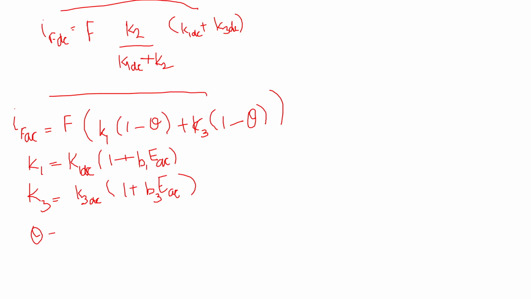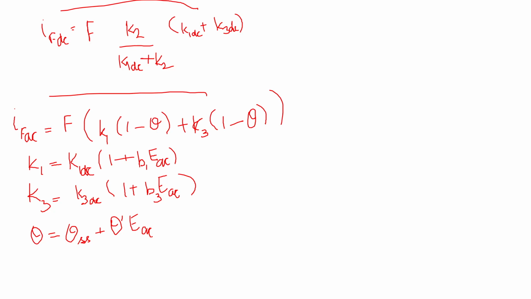Theta also we had truncated and found out that theta will be nothing but theta SS plus theta dash EAC. So can everyone substitute and tell how the equation will be? Please start doing.